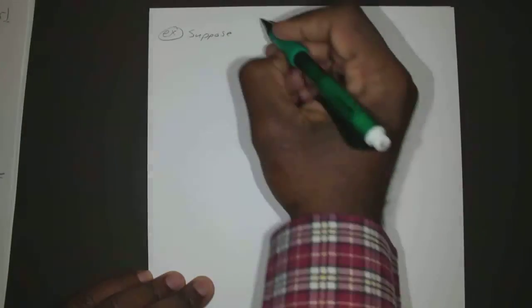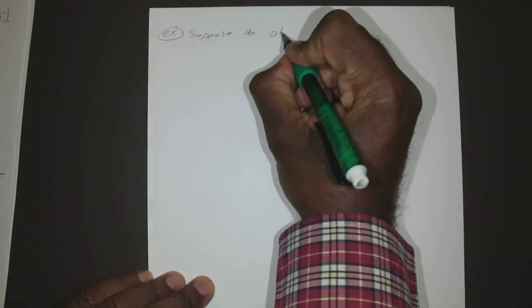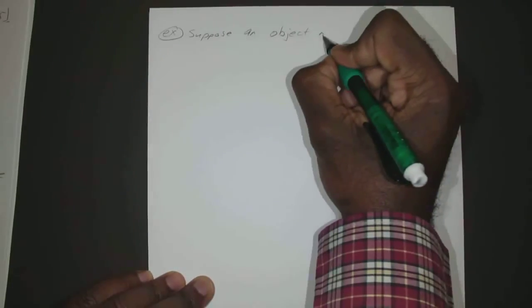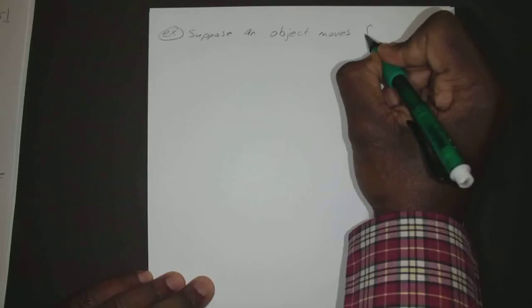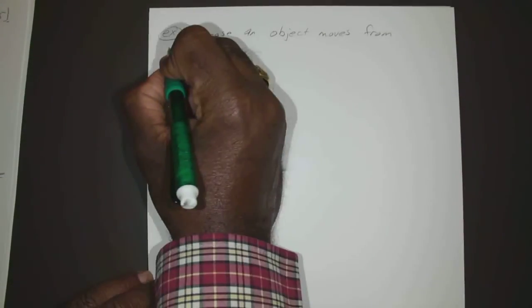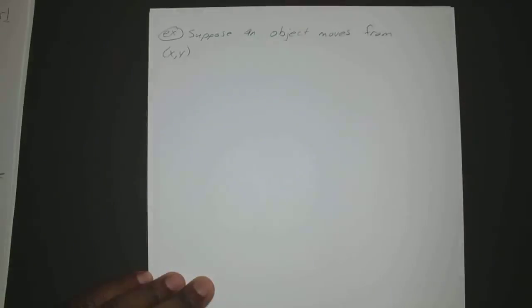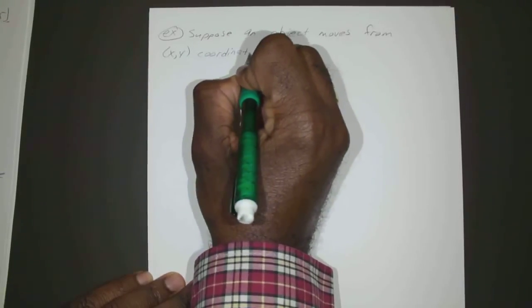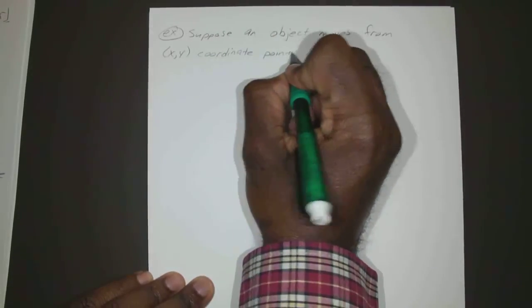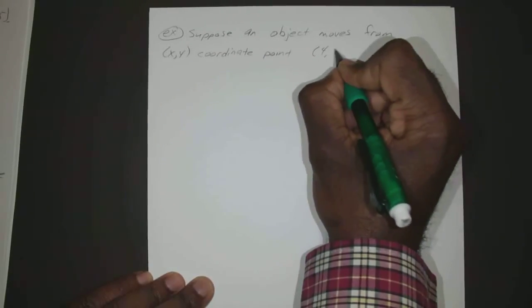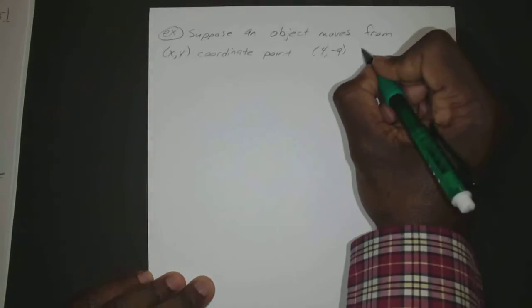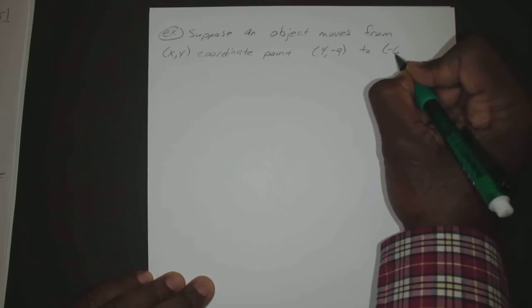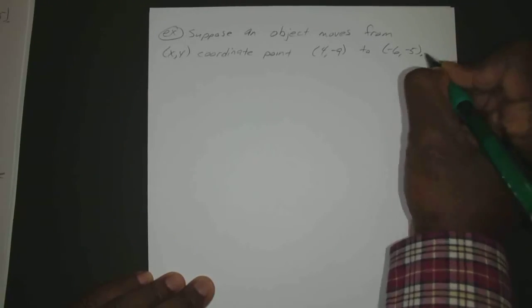Okay, so suppose an object moves from the xy coordinate point (4, -9) to the point (-6, -5).